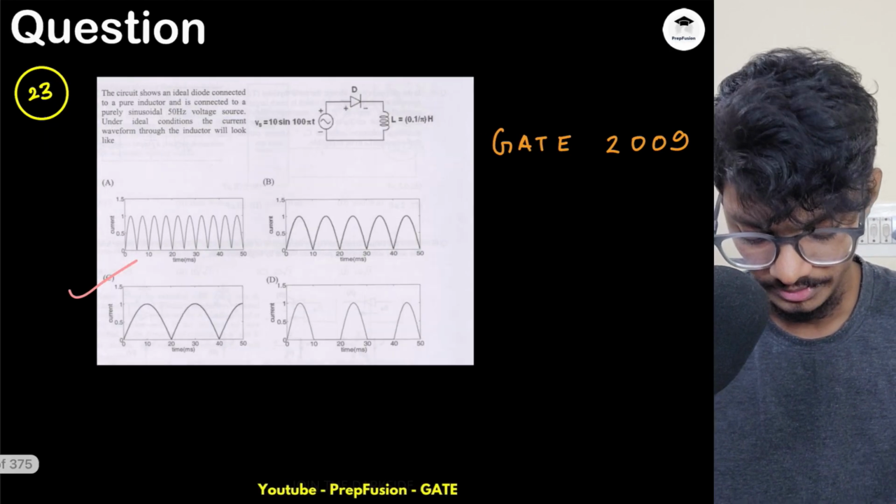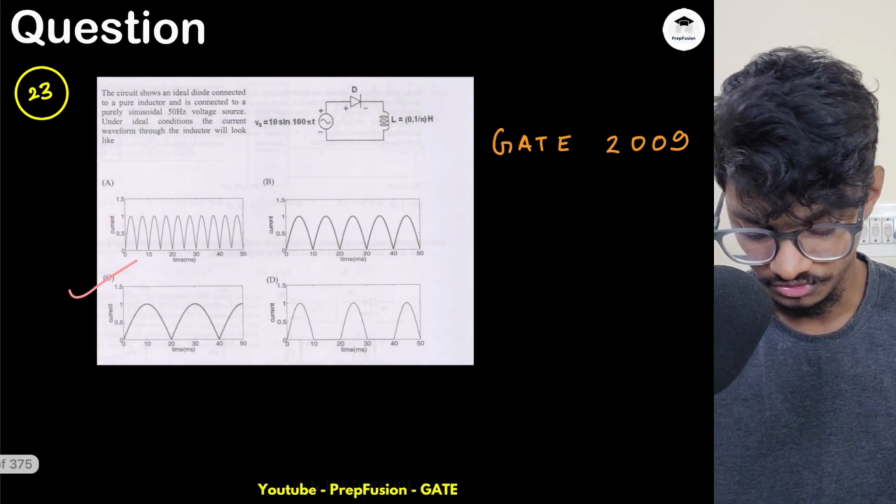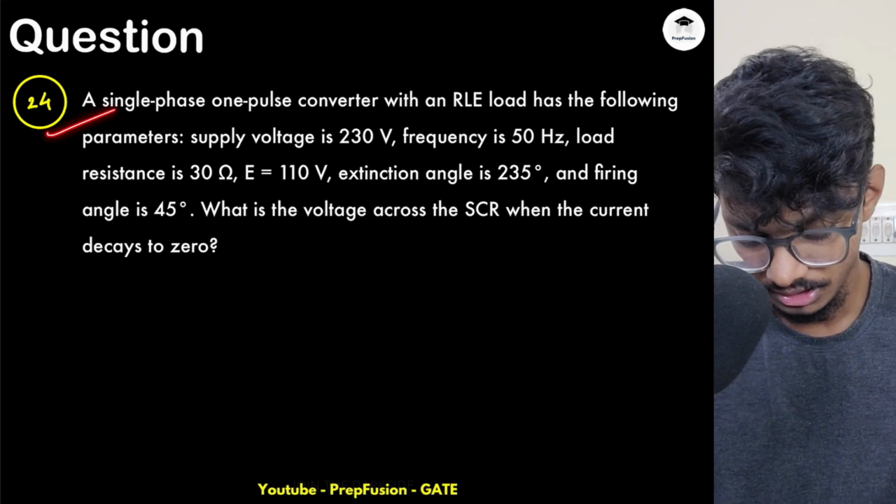So the waveform will be something like increase and then decrease. So option C will be the correct answer for this question. Let's come to the next one.